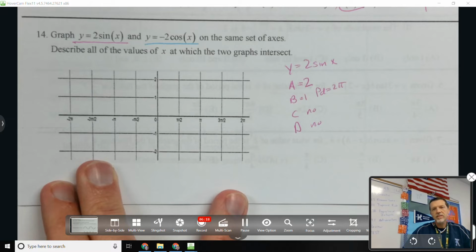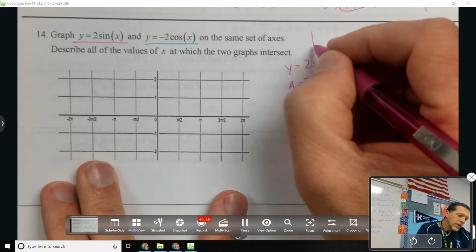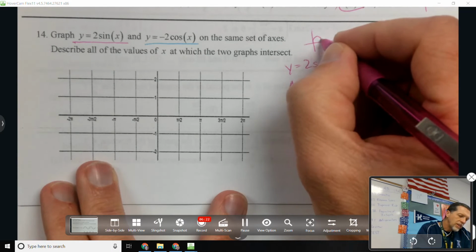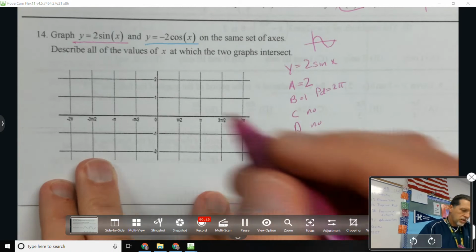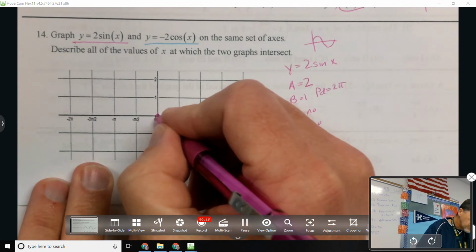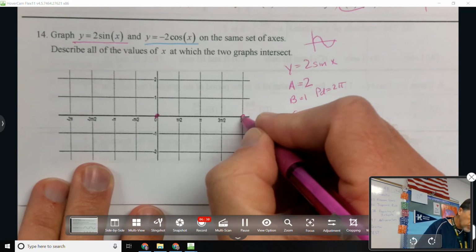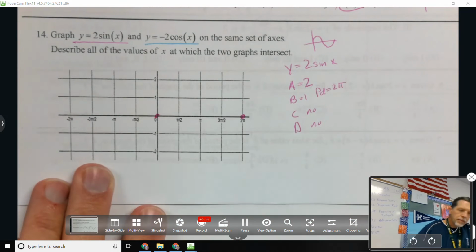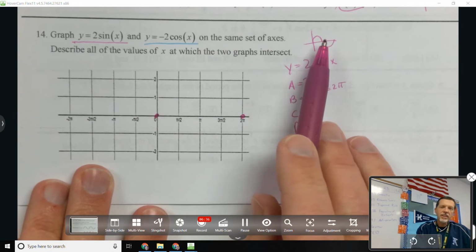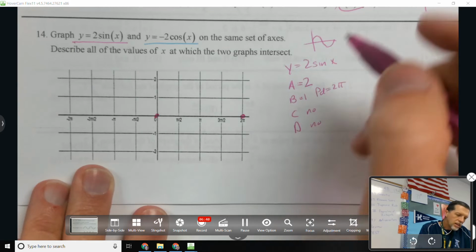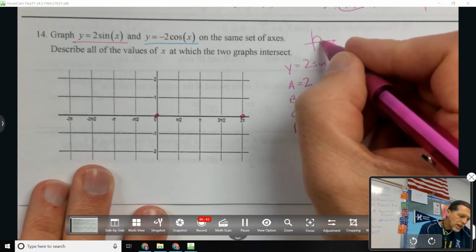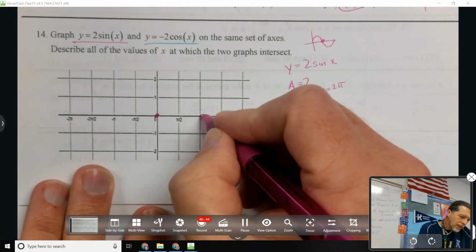So all we're going to do is take our normal sine wave and stretch it by 2. So we'll start at 0, 0. We'll start over at 2 pi. And so I need to fit this picture onto 0 to 2 pi. So halfway in between, I'm at 0 again.